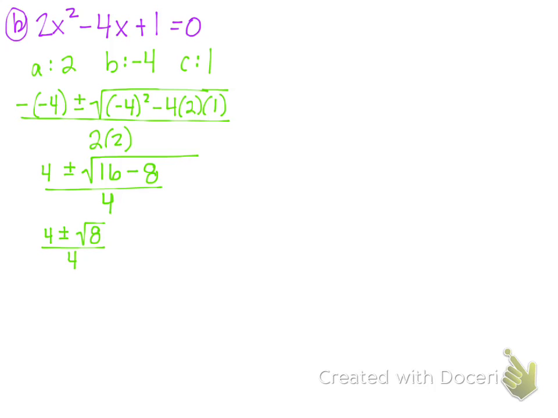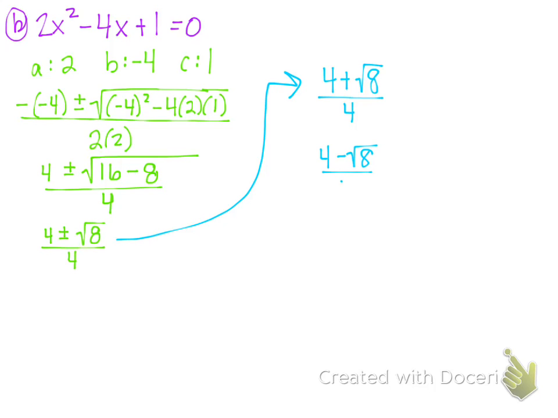We're going to revisit this when we talk about radicals. Now, here's the point where we need to write both of our solutions. I'm going to come up here to have some room. So we have 4 plus the square root of 8 over 4. Then we also have 4 minus the square root of 8 over 4.